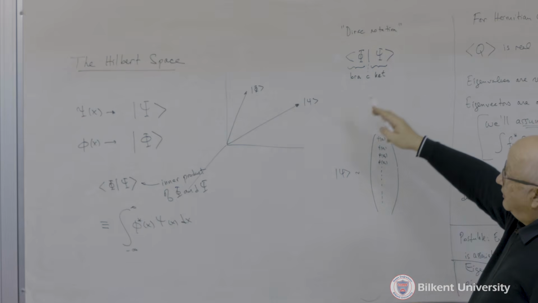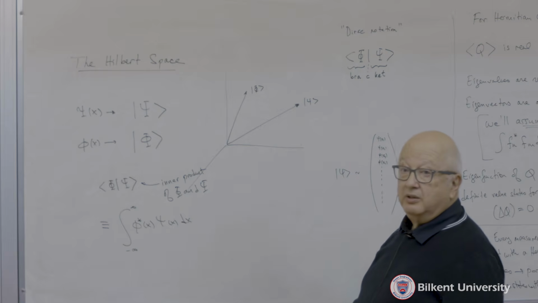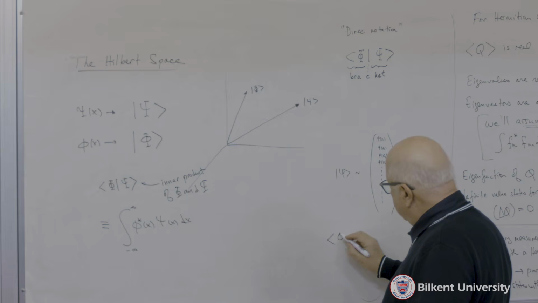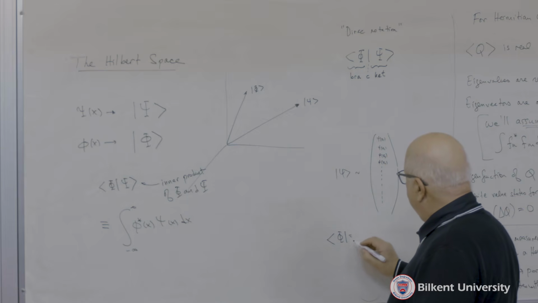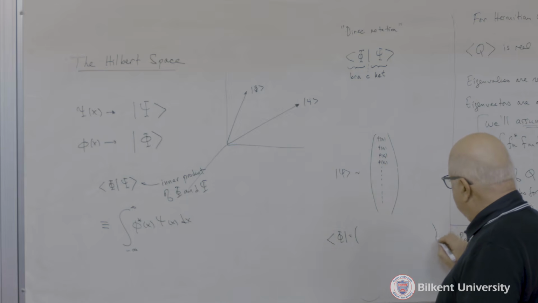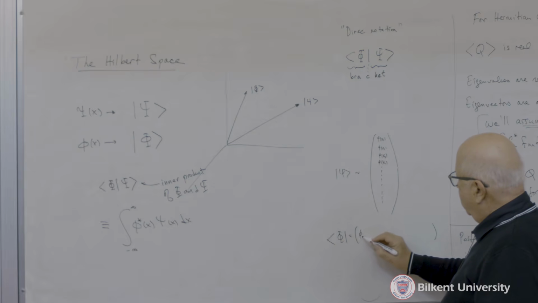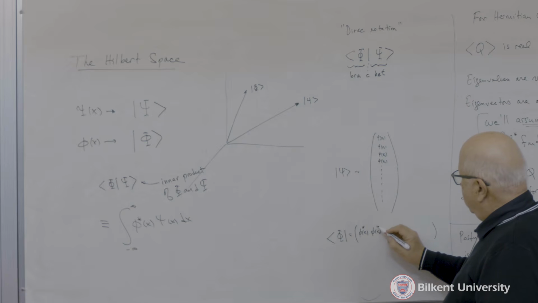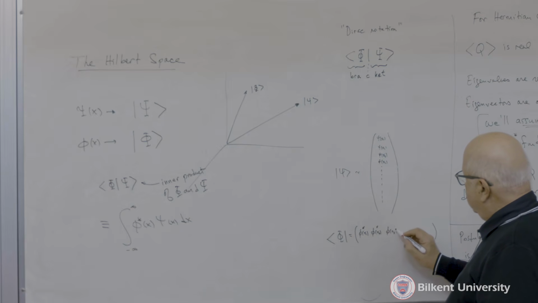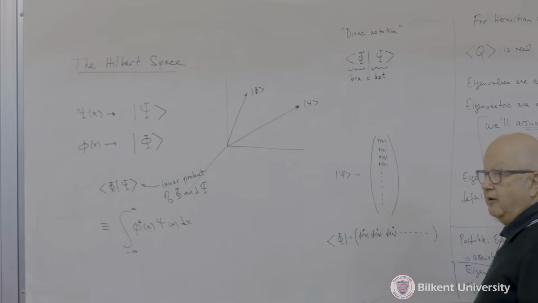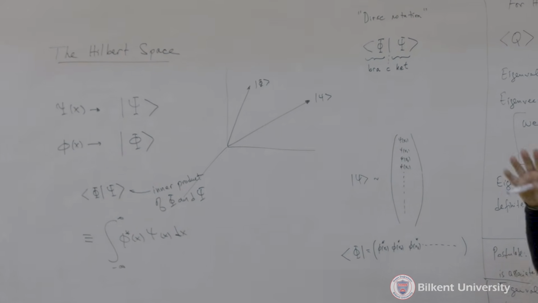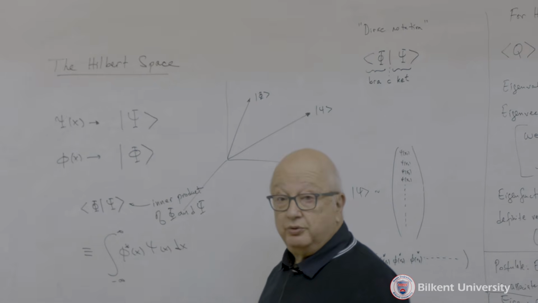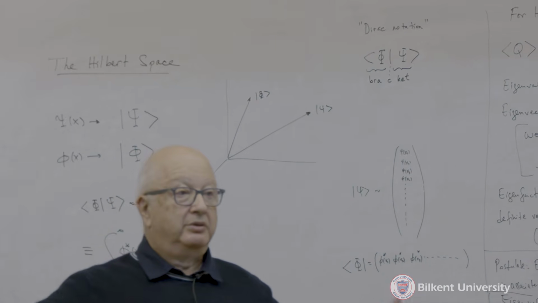So you can see that if this is to be the inner product, and if I want to speak in terms of vectors, the bra vector is something which looks like phi at x1 complex conjugate, phi at x2 complex conjugate, phi at x3 complex conjugate, etc. So when I form the inner product, it is just the multiplication of those terms and summed over.